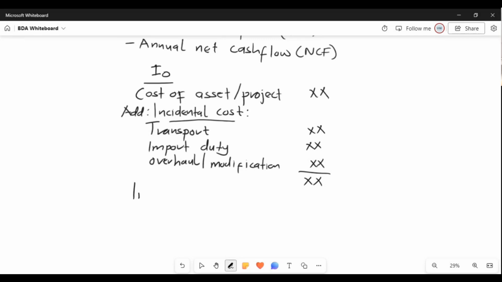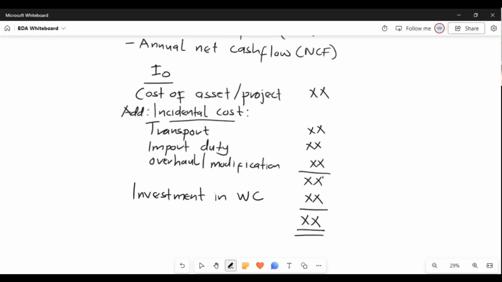And the next component is the investment in working capital. Acquiring the asset, there are some working capital items that may be required for you to start using the asset or for you to start generating income from the asset. So we need to add the investment in working capital so that this will give us the total initial cost.